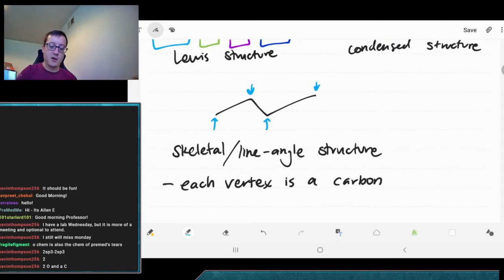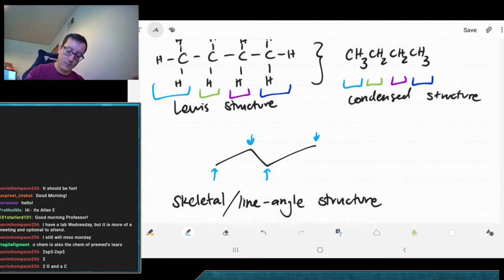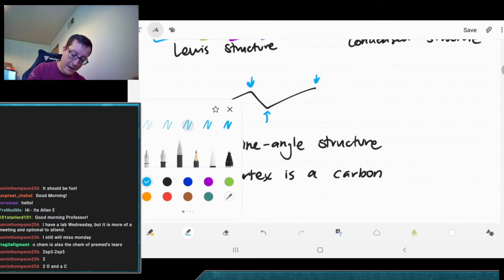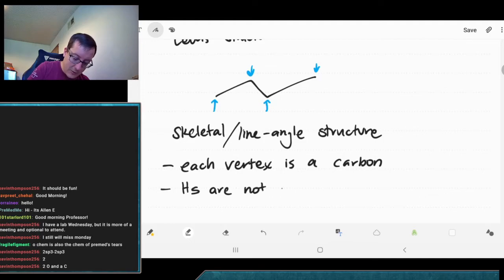All of those are carbon. If we look at our Lewis structure, indeed we had our 4 carbons there. And then the other key component to the line angle structure or the skeletal structure is that hydrogens are not drawn in explicitly.